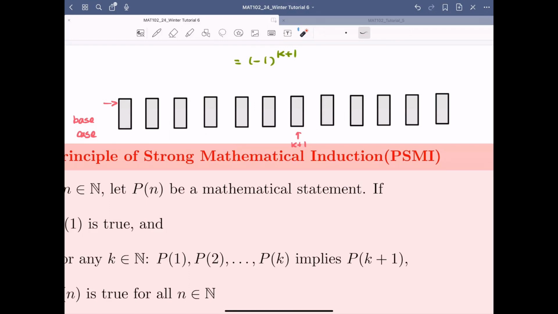You are not assuming this one is true anymore. You are assuming everything in front of k plus 1 is true. So from the first one to the case one, they are all true. Because using that, you can guarantee k plus 1 definitely gonna fall, no matter what k plus 1 is asking for, because it can only ask for something in front of them.